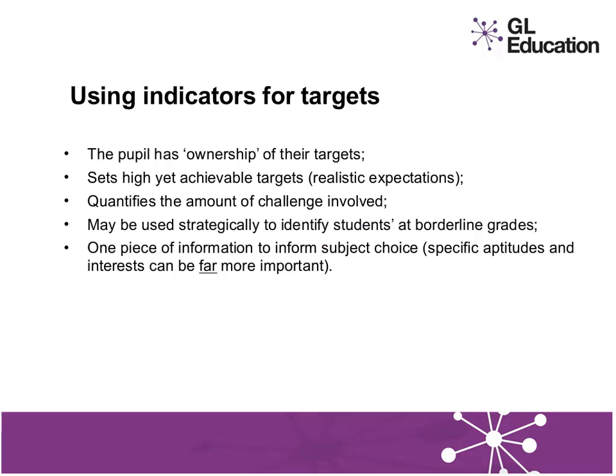And sorry, I clicked ahead a little bit too quickly. And in terms of informing subject choice, I've had quite a lot of anecdotal feedback about using CAT4 in year 9 at option choices. It can really help to inform that subject choice when learners are at that stage.